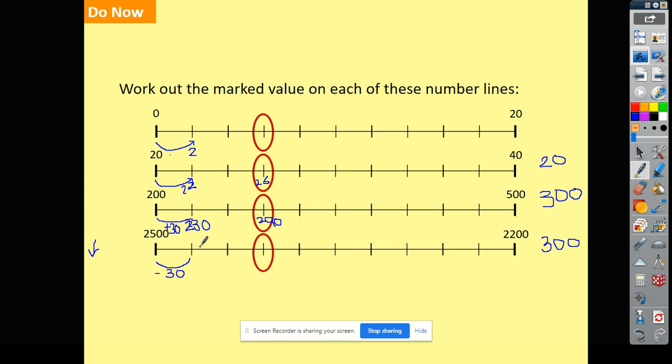So we then know that this one must be 2,470, because we went down by 30. This one is going to be 2,440. And then this one must be 2,410.